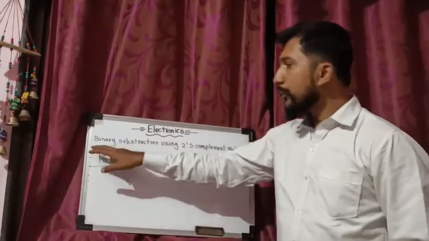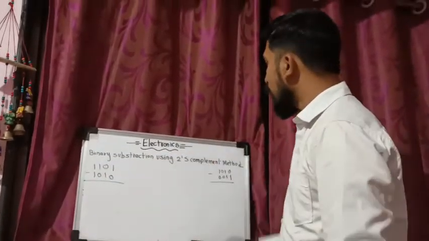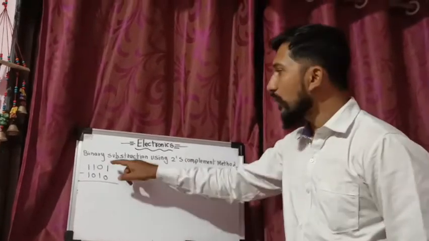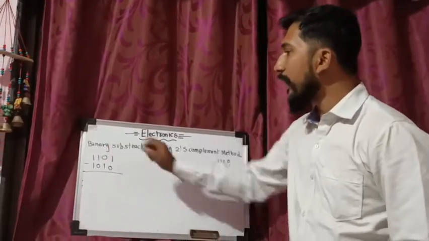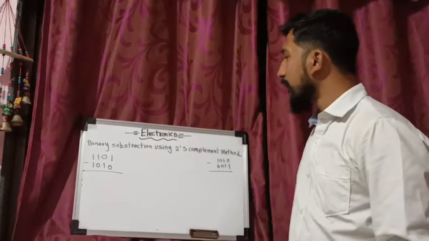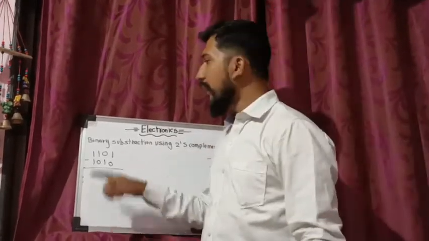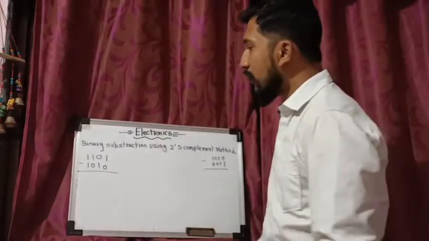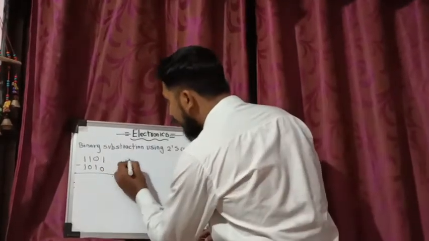Now we will be studying binary subtraction using the two's complement method. Whenever we have to subtract two numbers, we perform binary subtraction by using the two's complement method. So what are the rules for binary subtraction using the two's complement method? There is one example over here. What is the first rule?